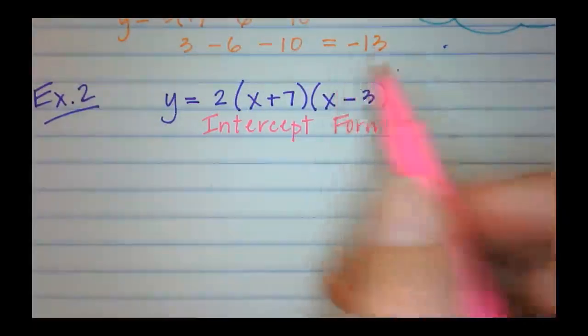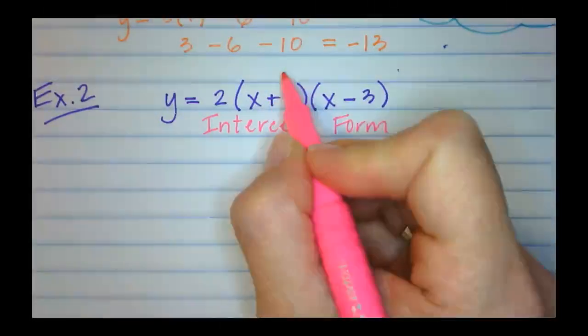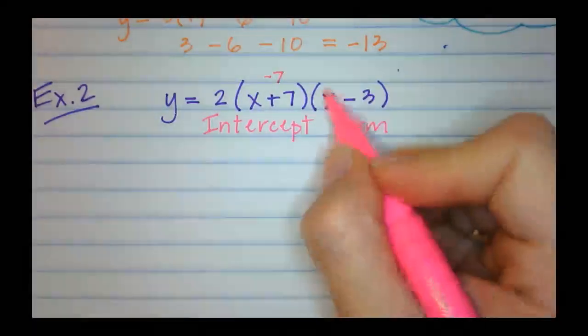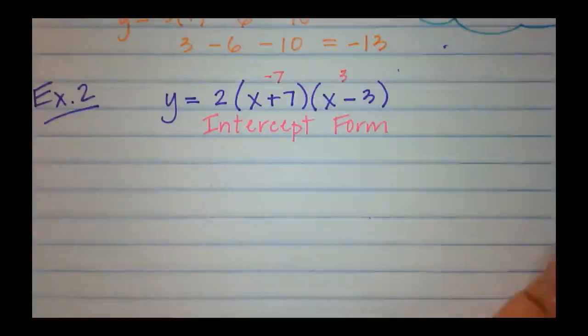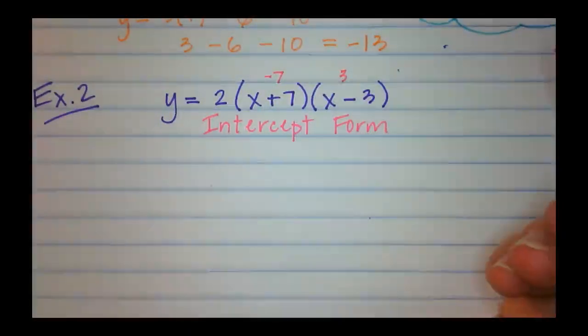So for this one, x would equal negative 7, and for this one, x would equal positive 3. So negative 7 and positive 3 are the two x-intercepts. So what I'm looking for now is the middle of those two numbers.